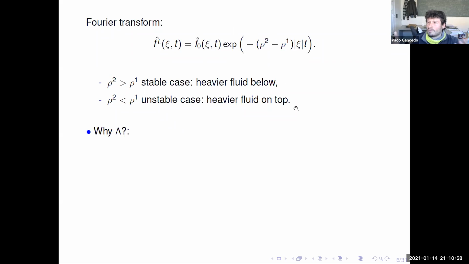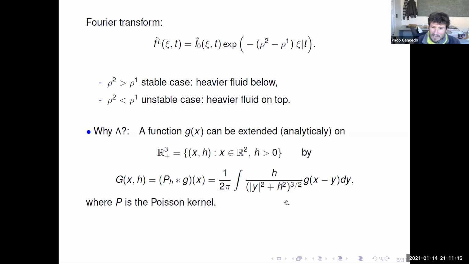Okay, so remember that what we have is a transport equation, okay, with velocity and density at the same level in terms of regularity. And why does this parabolic, this very unstable situation appear? Okay, I don't have time to show you the whole argument to get the equation.